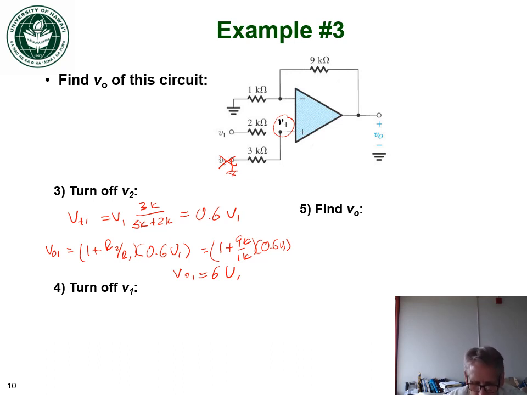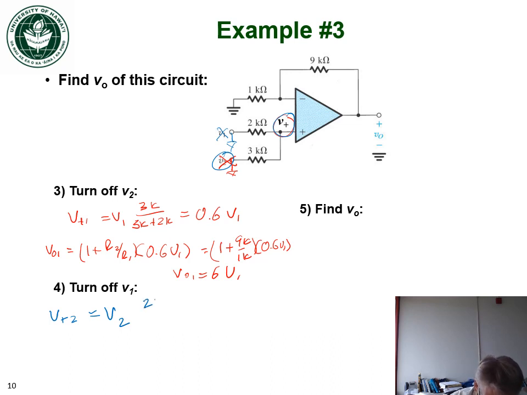Then we turn off V1, that is ground V1, and use V2 as our input. In that case, V plus with the input of V2, we call it V plus 2, is equal to V2 times a resistive divider going the other way.